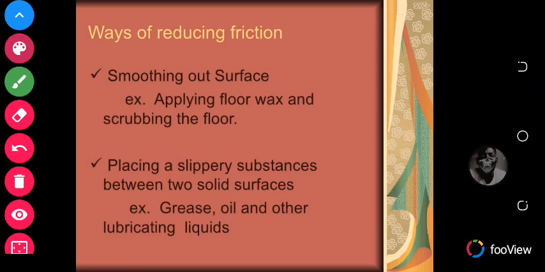For example, applying floor wax or candle wax on the floor would smoothen the surface. Or applying oil or lubricating liquids will cause the surface to be slippery and reduce friction.